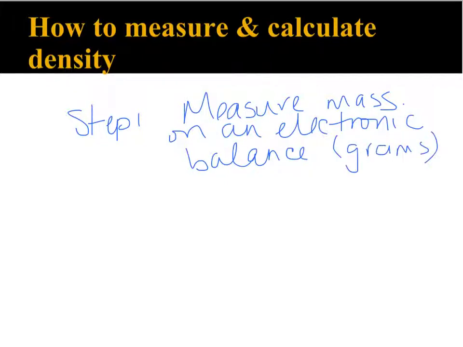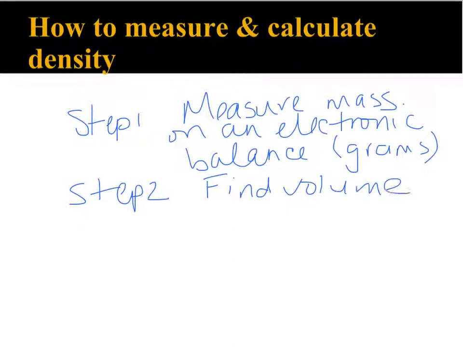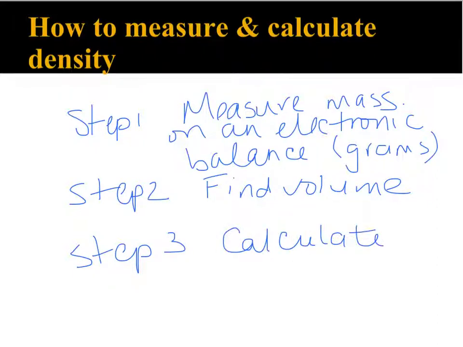Okay. The second step is to find volume. And there's several different approaches to finding volume, which we'll be talking about on the next slide. And then the third step is to calculate density. And again, we'll do some more detailed work about calculating density in a few minutes.